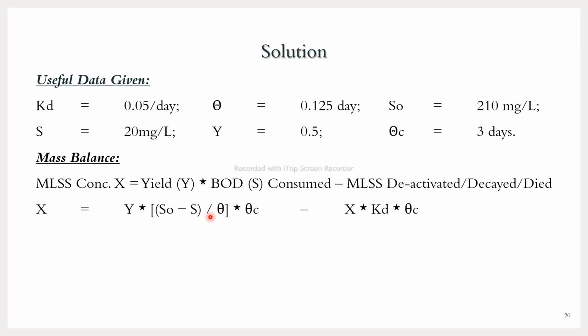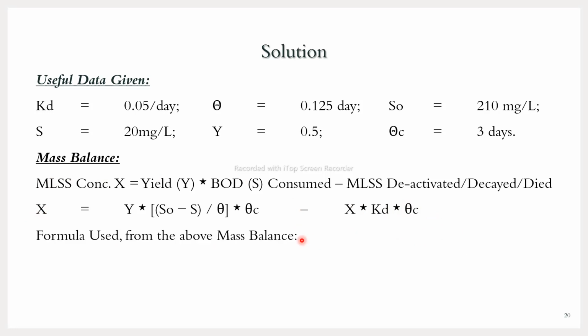So it is your BOD consumed per this HRT time, and then you have to multiply it with theta C to bring it into the time scale of the microbial growth, minus the MLSS. Actually this was on this side, so whatever consumed equals whatever present plus whatever died. So the died one came to this side, so that's why the equation became like this.